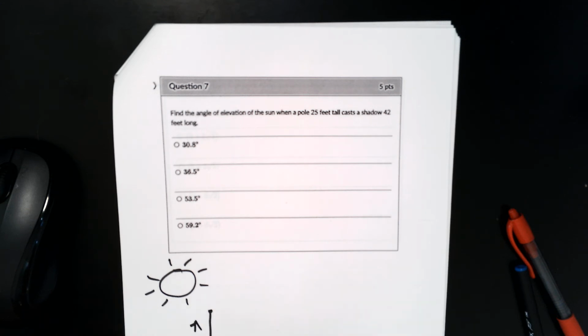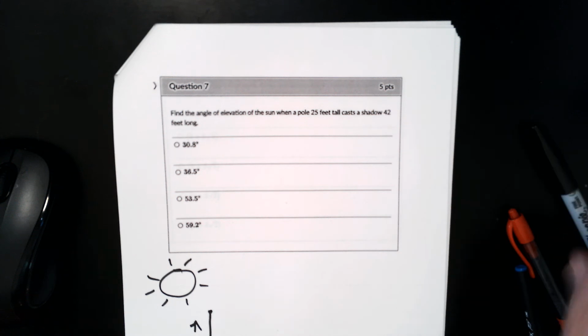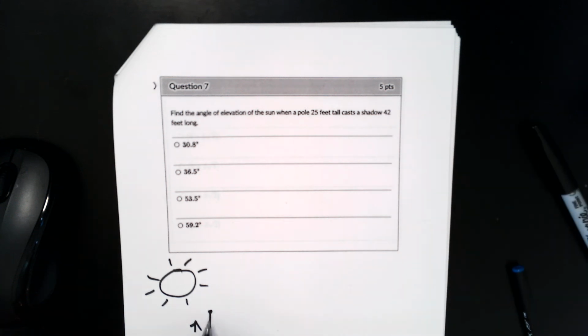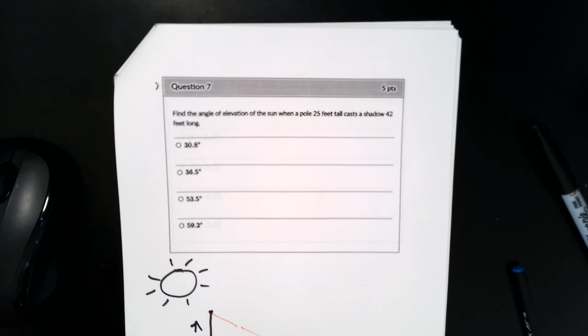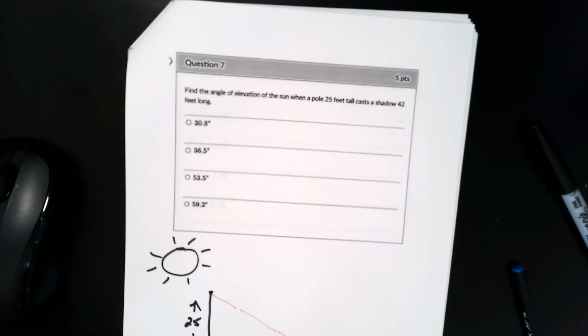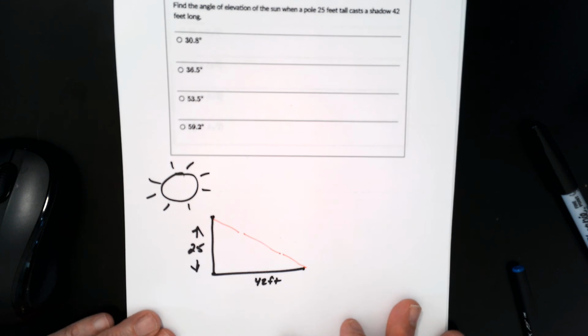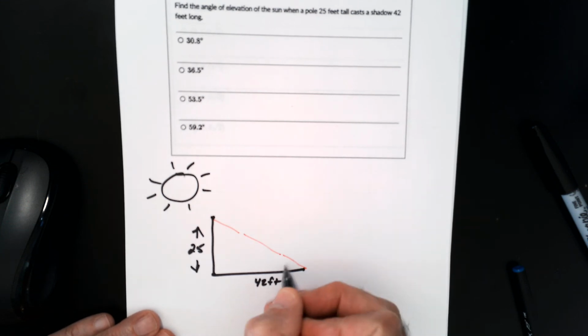And the shadow is 42 feet long. So what they're trying to get us to do is to get smart here. And find the angle of elevation. Well, that's got to be this here.